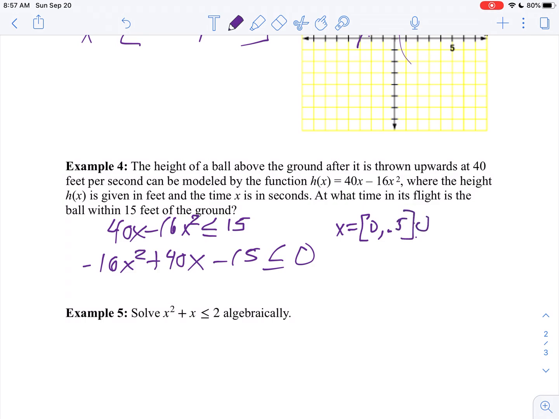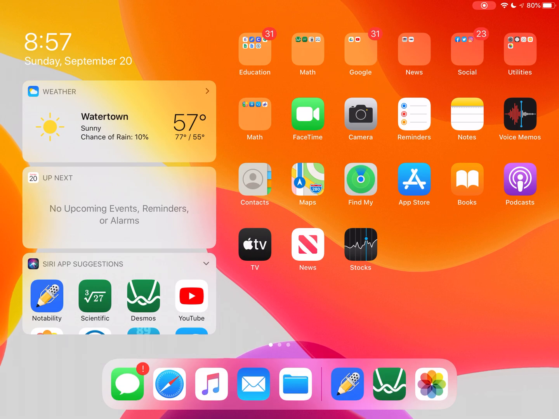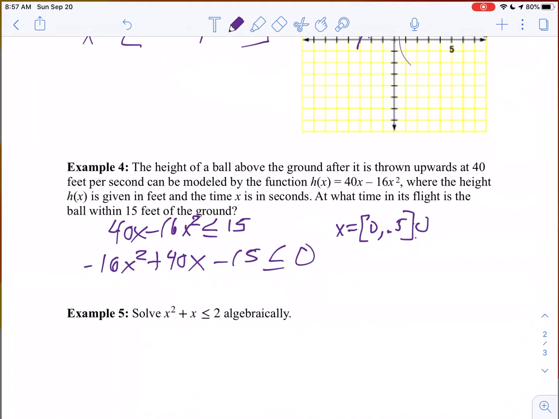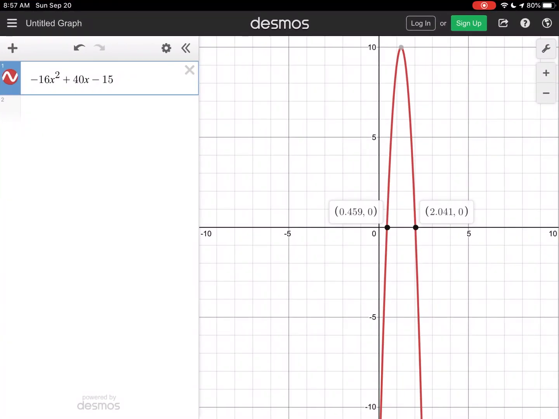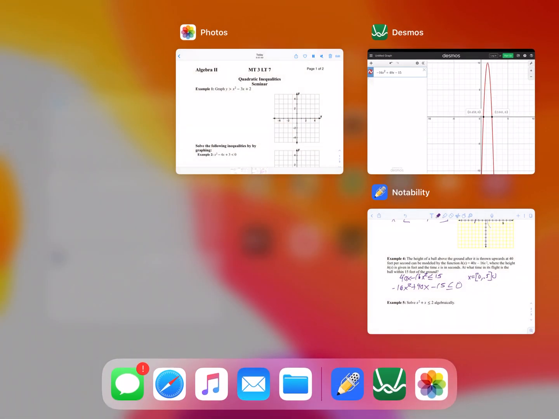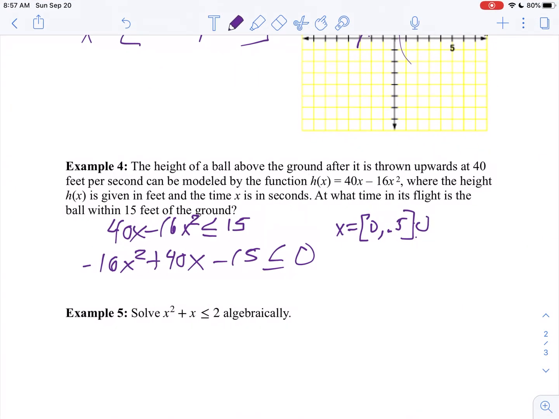In union with, where'd my graph go? There we go. From 2 seconds and beyond, to infinity.